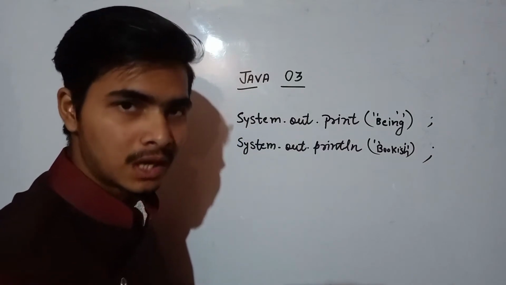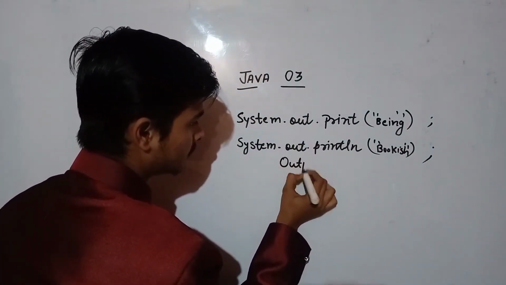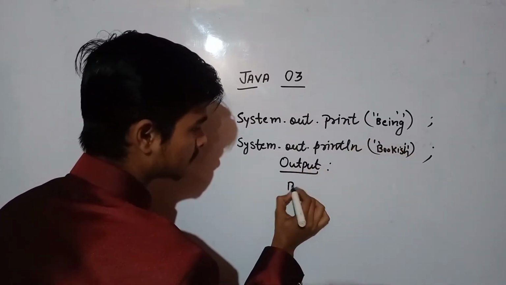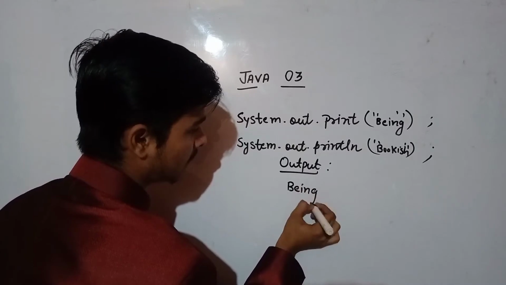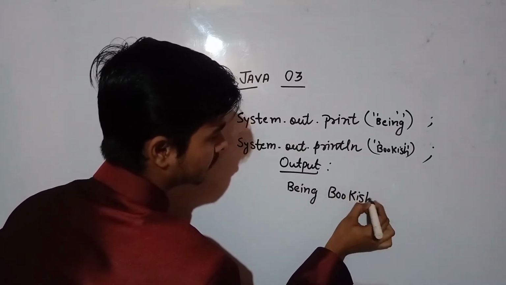What is going to be the output? See here, the output would be being and Bookish, like this.